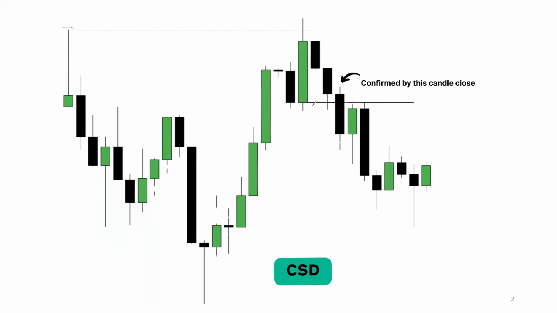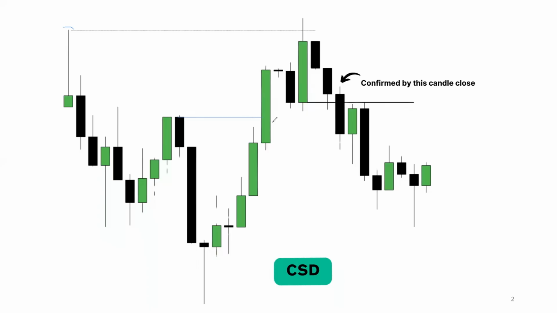It's just very simple. I'll use this candle here. Now you can see this consecutively down close candle here, I'll draw it out. Price closed above the open of this consecutively down close candle, and this candle confirms our change in state of delivery.